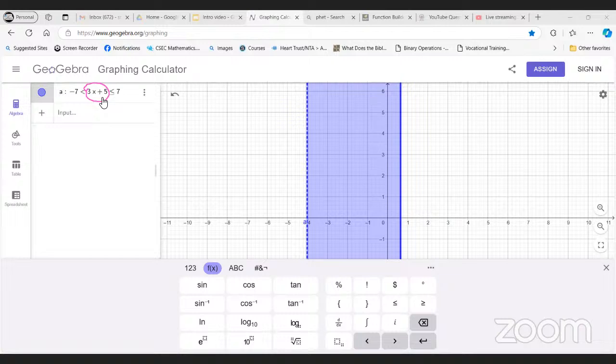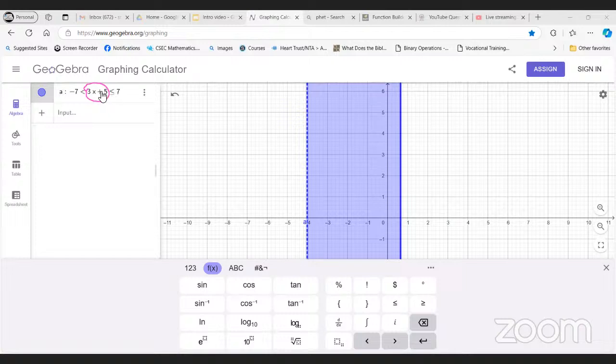So let's get back to it again. Let's just repeat what I just said so you can understand. What the graph is showing you is that the expression here, which is the function, for it to be a true statement, because it is a statement, it is saying that the function 3x plus 5 is greater than -7, but less than or equal to 7.